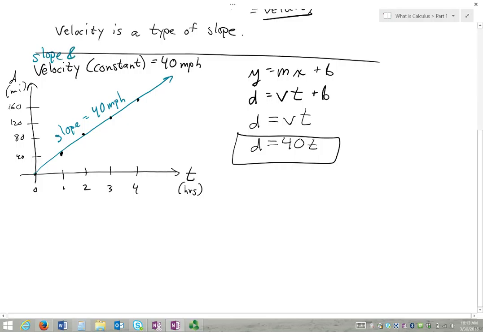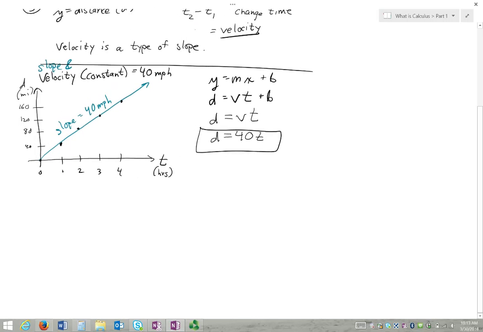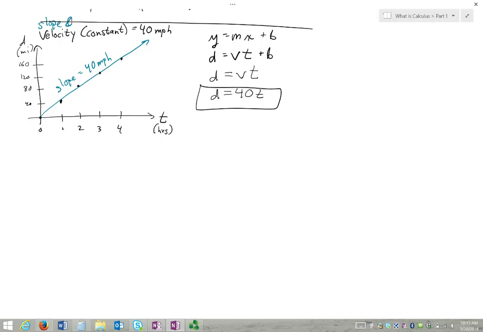Okay? All right, so that's all fine and good, but of course, as we know, in real life, velocity is never constant. If everything in the universe moved at a constant velocity, well, life would be pretty boring, but everything would be simple. Everything would be a linear equation, but of course, that's not the way life works.